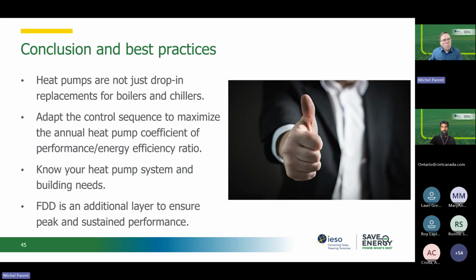If you have that, you will be able to program your BAS so that your heat pumps will work the most for you, get the most benefits on GHG and cost reduction possibly, or limit the cost increase.